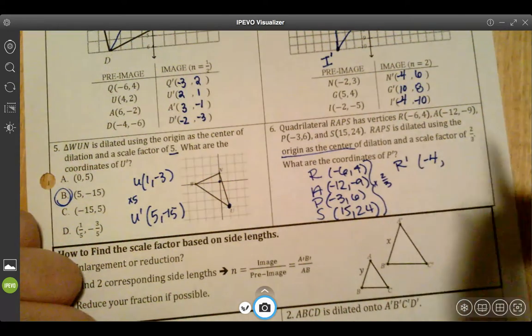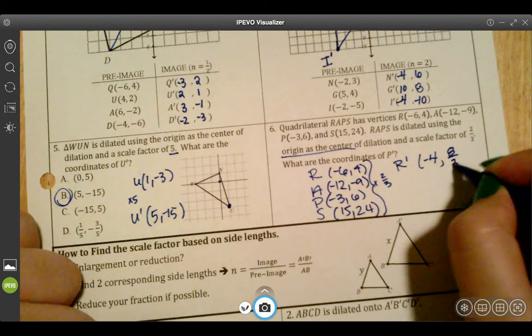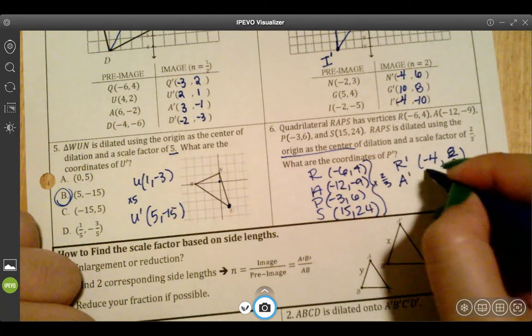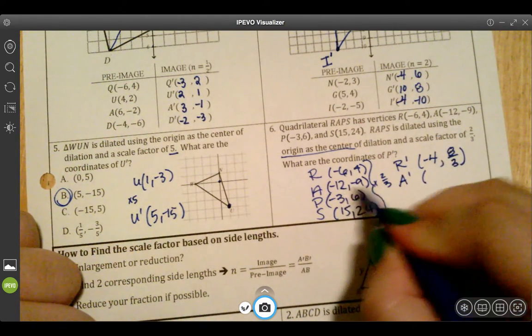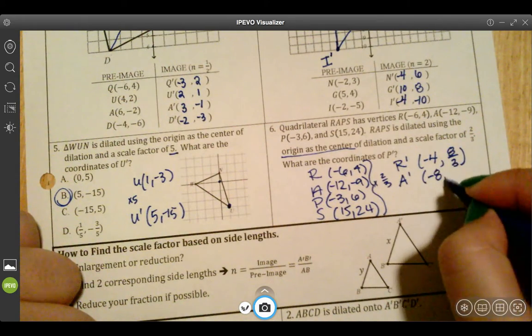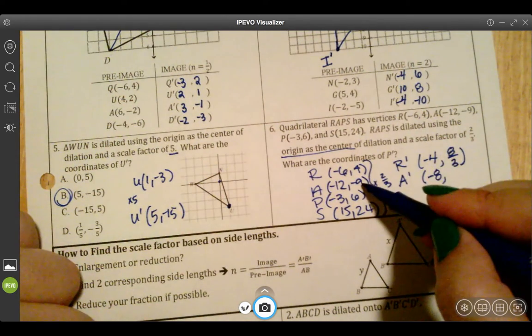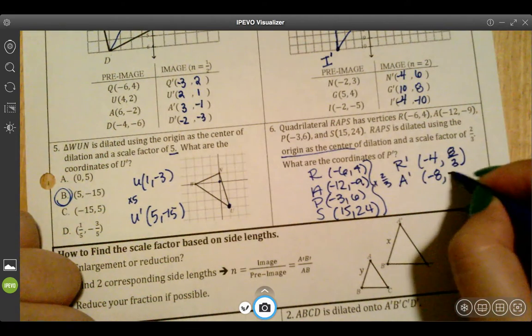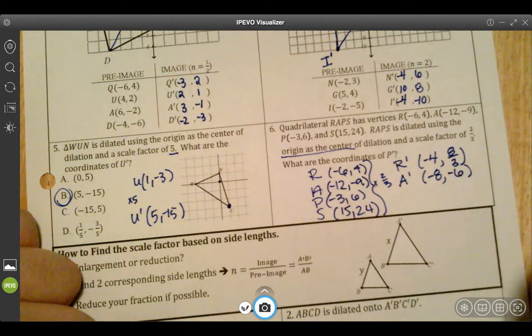4 times 2 is 8. I can't divide it by 3, that's 8/3. A prime. Negative 12 divided by 3 is negative 4, times 2 is negative 8. Negative 9 divided by 3 is negative 3, times 2 is negative 6.